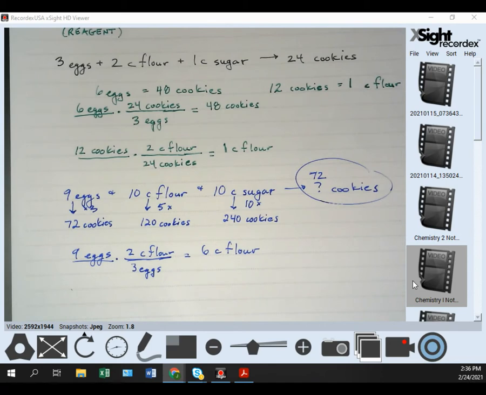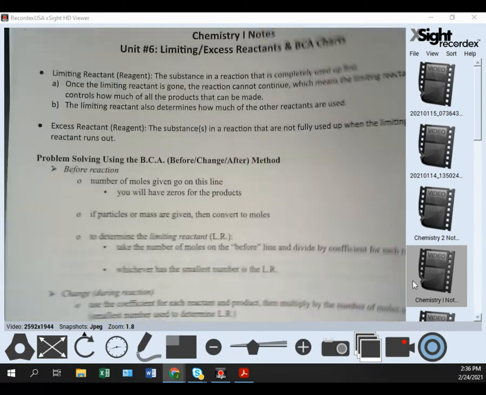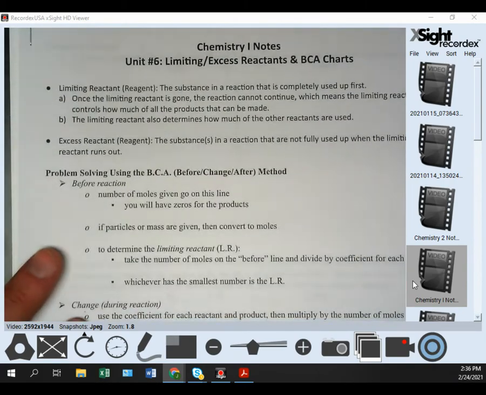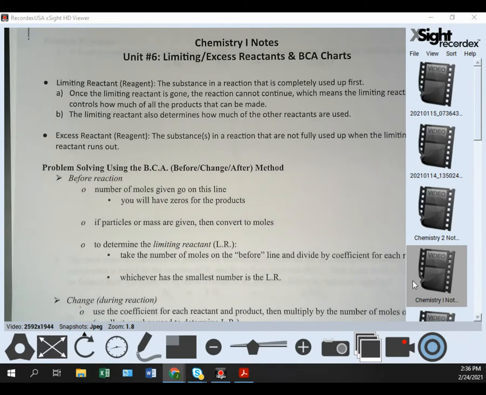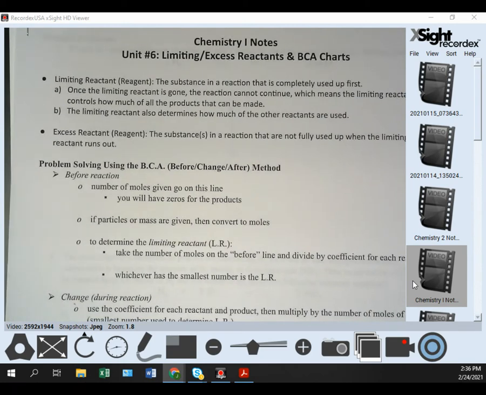All right, now let's talk about them in terms of chemical equations. Why am I using the recipe example? Up until this point, we've really been just talking about balanced equations and doing the exact amount.